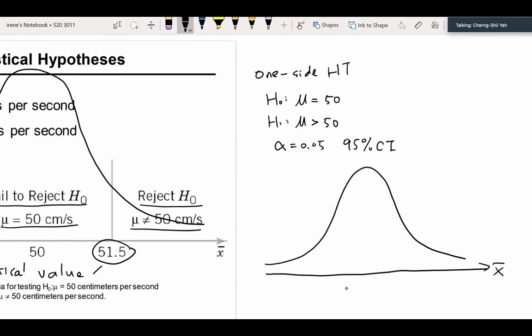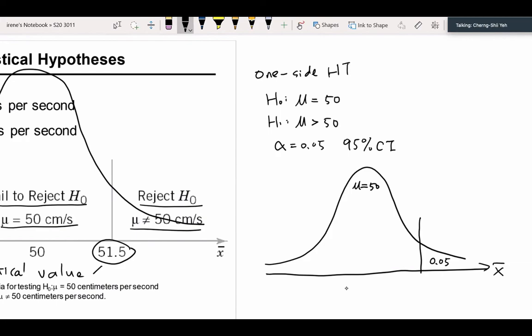We believe this population mean is 50. The alternative believes it is greater than 50, so we need an upper bound here. I don't know what that value would be, but this probability over here will be 0.05.